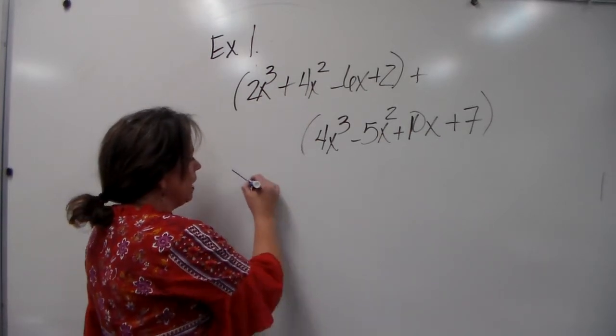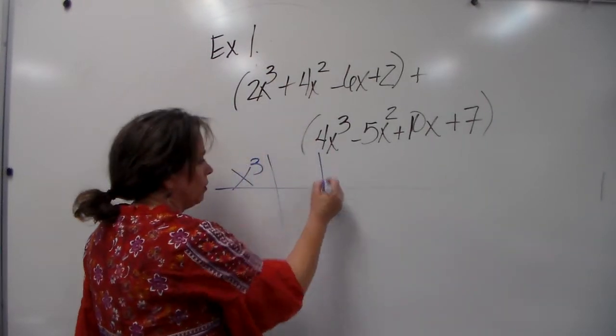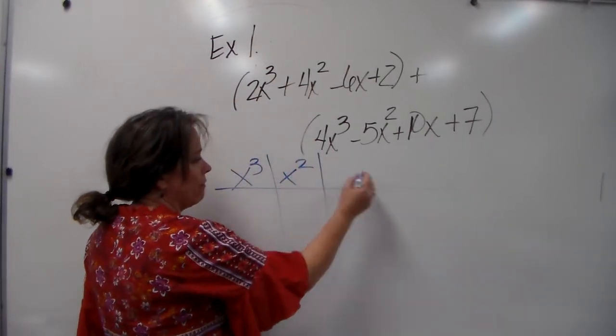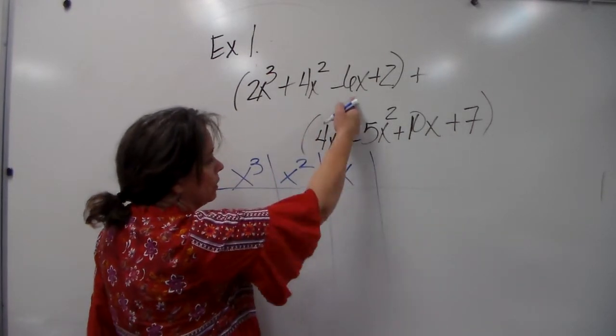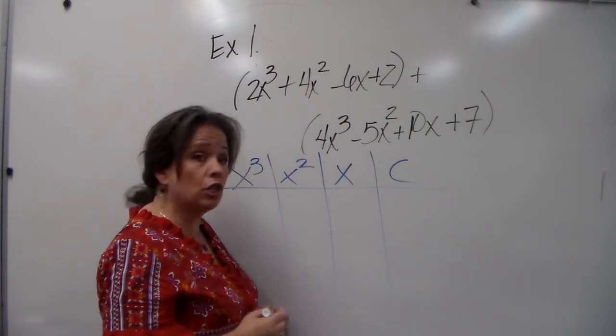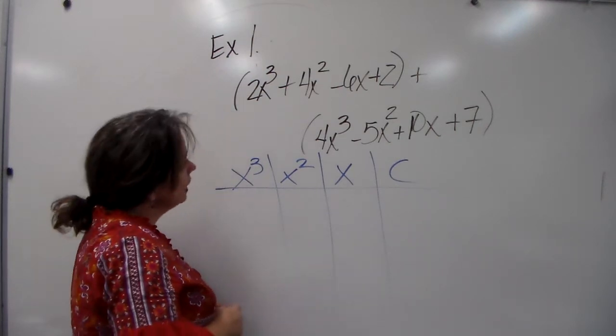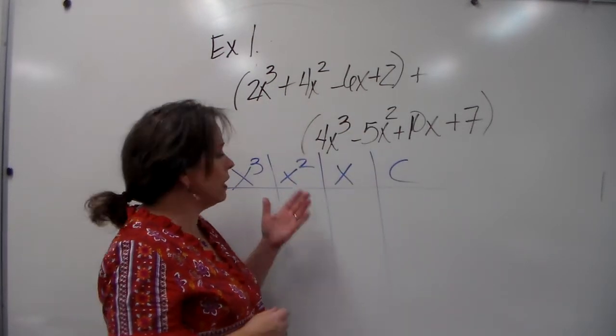So we want to make columns for each type of term that we have. We have x squared terms, we've got x terms, and we have terms that are constants, or numbers that don't have a variable.